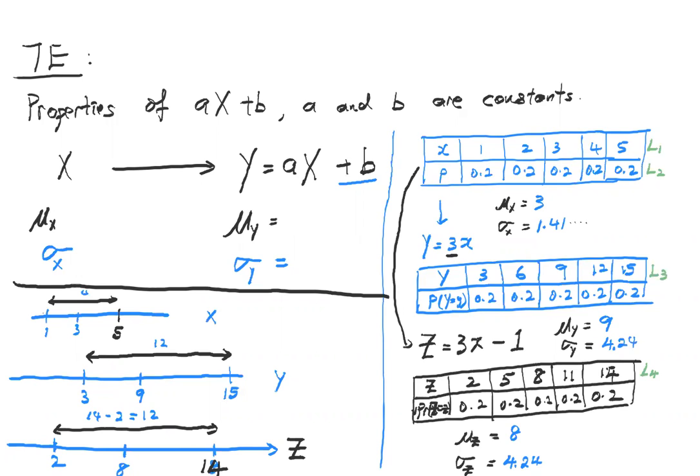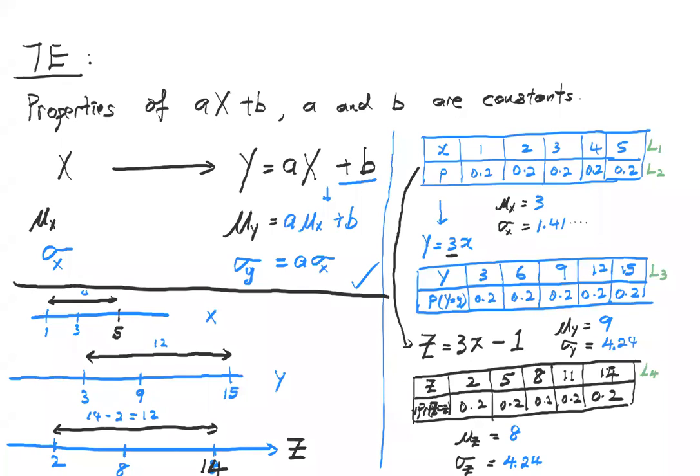So therefore, the mean of y will be a times the mean of x plus b. You just follow according to the formula for the mean. And for the standard deviation of y, you will be a times the standard deviation of x. So this is a very important formula that we have to remember.